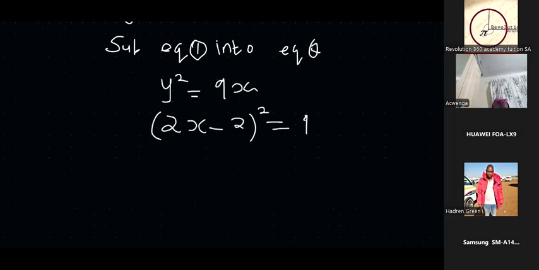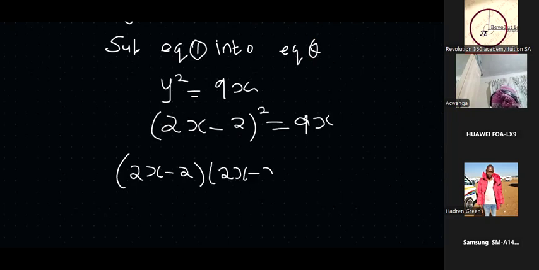That will be 2x minus 2 and then 2x minus 2, equals 9x. Now you solve. 2x multiplied by 2x, that's 4x squared.